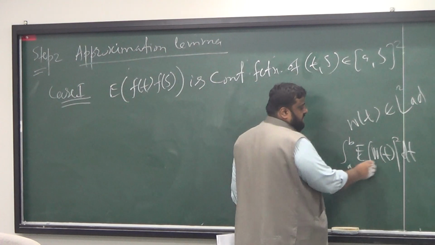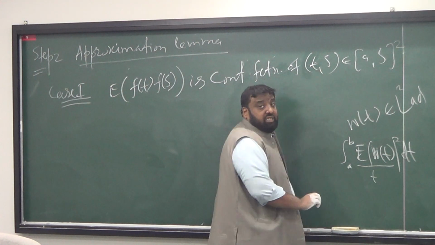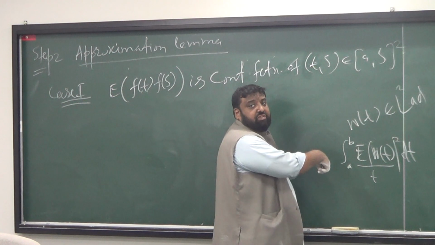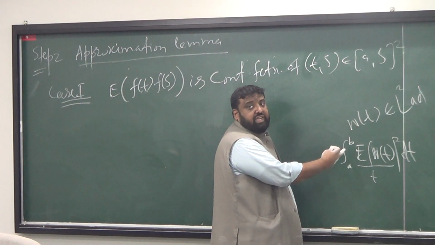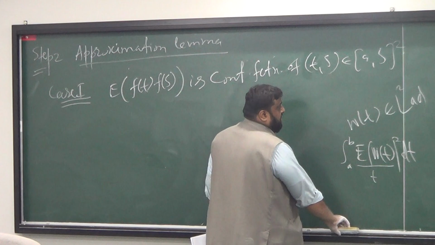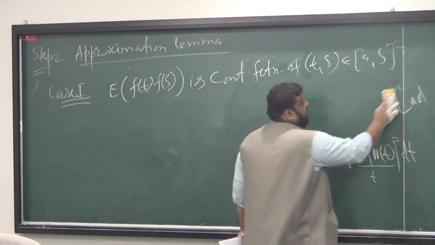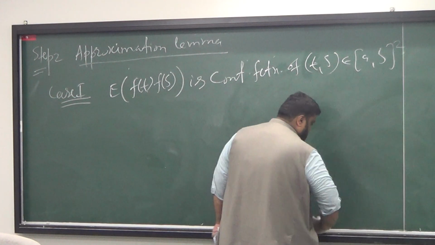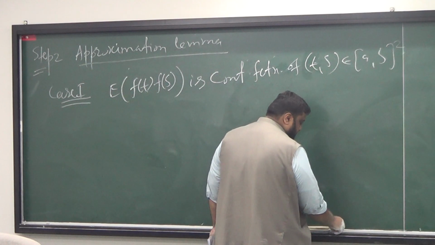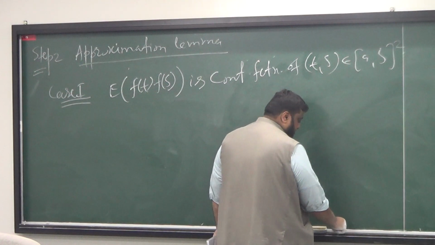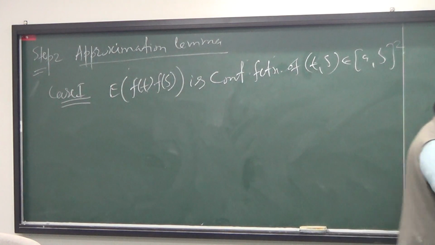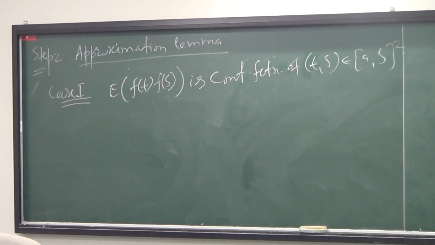For sure, because this is going to be equal to simply t. You can integrate t from A to B and it's a finite thing. So in L2AD, Brownian motion is there and many functions of the Brownian motion are also there: W squared, W cubed, all of them are going to be inside.